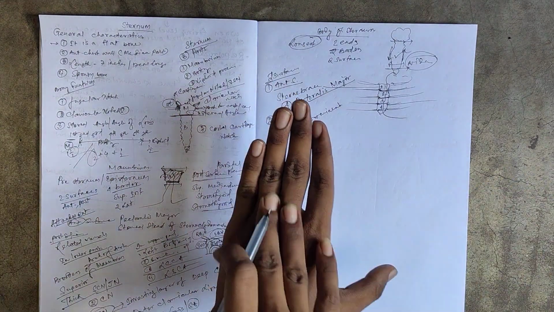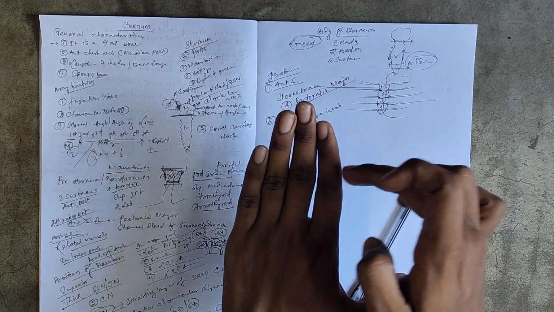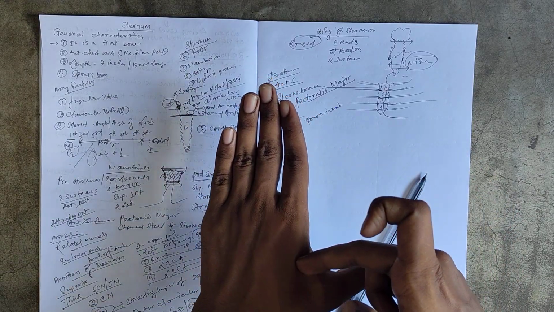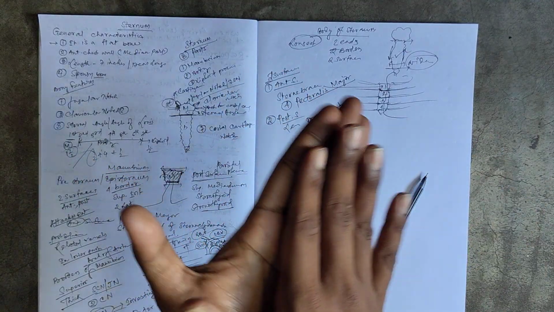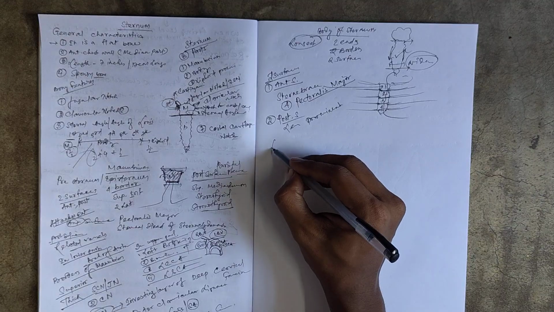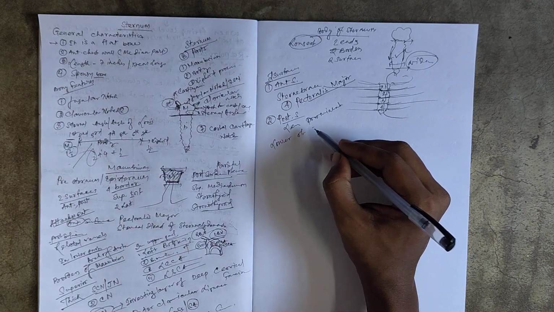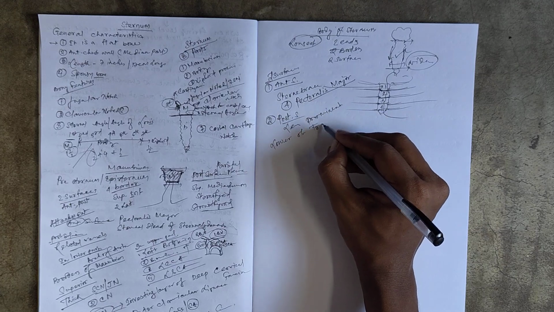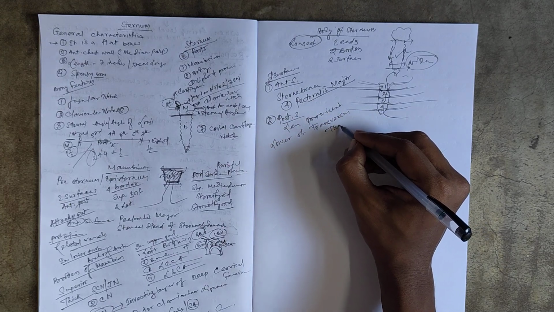If you take this as the sternum body, here in the anterior surface there will be three prominent ridges, but in the posterior surface there will not be such prominent ridges. Okay. And the lower part of this surface gives origin to transversus thoracis.